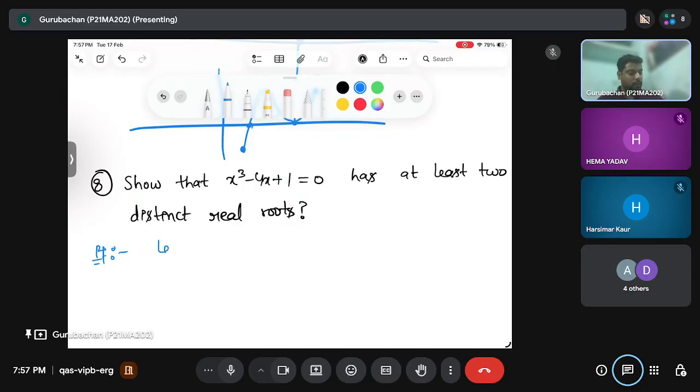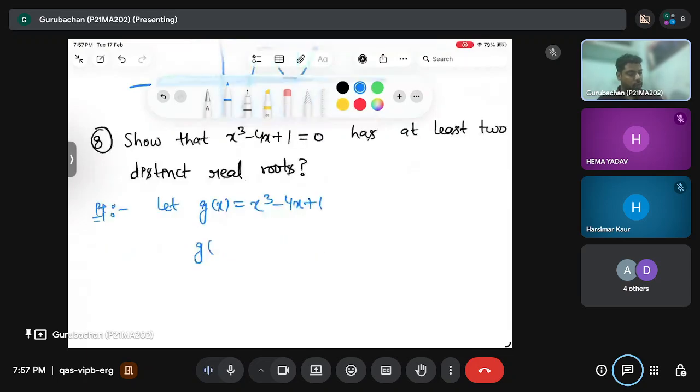So let g of x be x cube minus 4x plus 1. So g of 0 will be 0 minus 0 plus 1 equal to 1. It is positive. g of 1 is 1 minus 4 plus 1, which is minus 2. This is negative. So obviously there will be one root between 0 and 1.